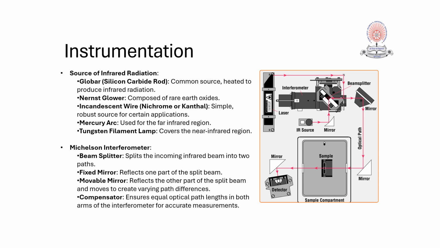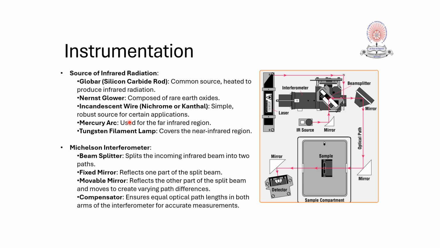Now we'll discuss the instrumentation. The instrumentation includes a source of infrared radiation. Infrared radiation can be produced by using a globar, that is a silicon carbide rod, then Nernst glower, incandescent wire, mercury arc, and tungsten filament lamp.